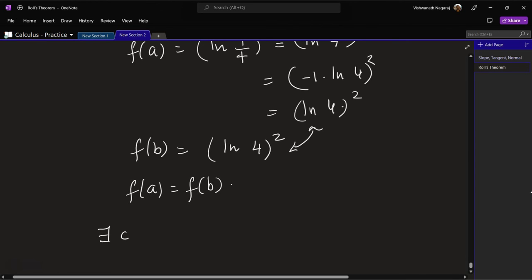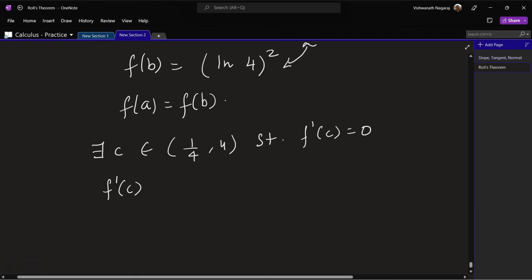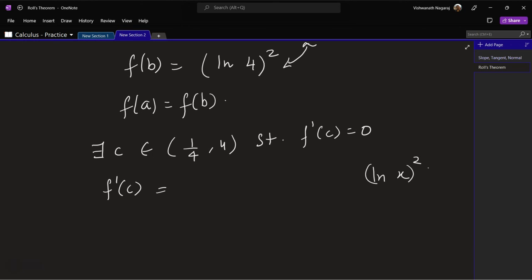That means there exists c belonging to the interval 1 by 4 and 4 such that f prime of c equal to 0. Okay, now let's differentiate with c, f prime of c. Now remember the function is natural log of x whole square.